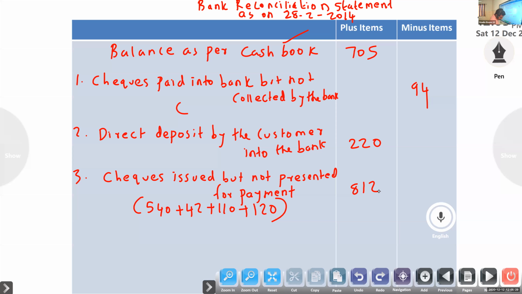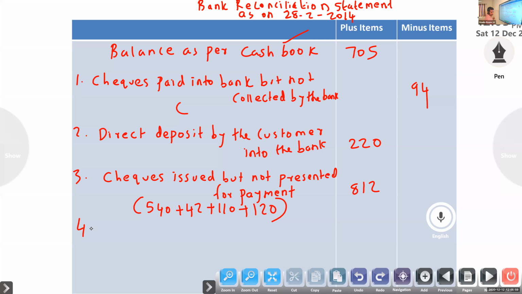Rajesh share. Debited means, here means what? Rajesh. Who is Rajesh? Payment made by the bank, not entered in the cash book.